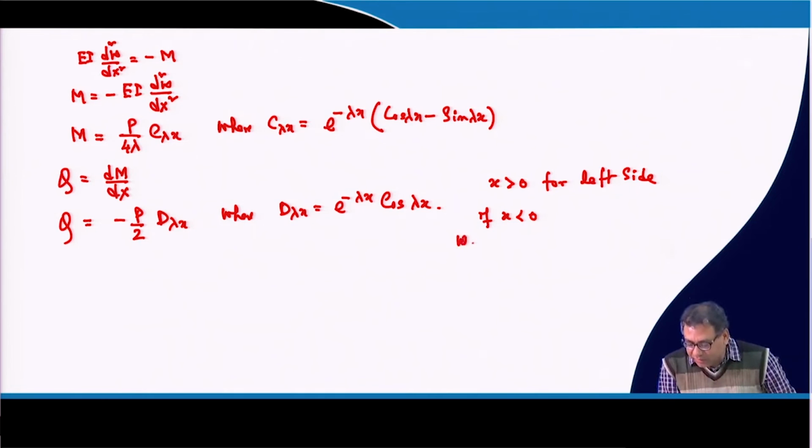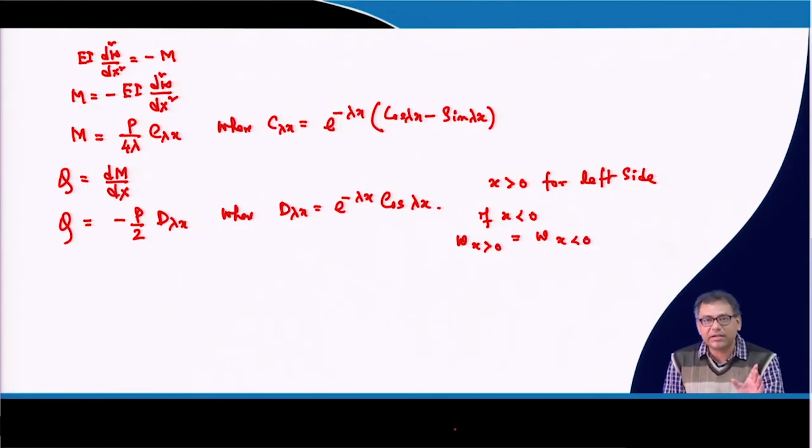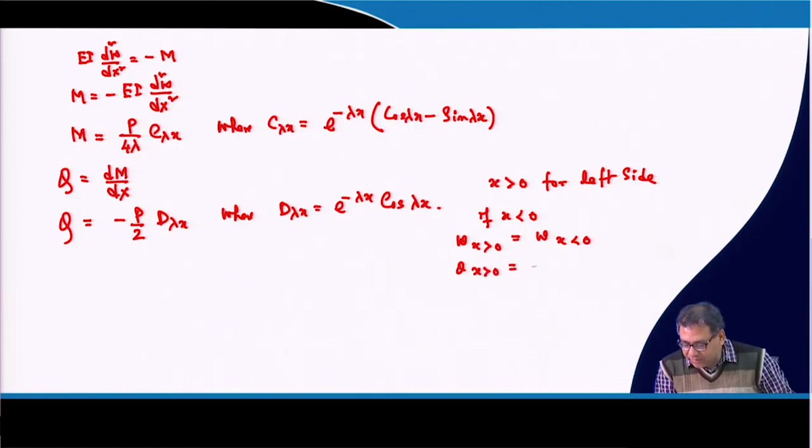The W at x greater than 0 will be equal to W at x less than 0. That means, for deflection there will be no change, but for slope, theta at x greater than 0 will be equal to minus theta at x less than 0.